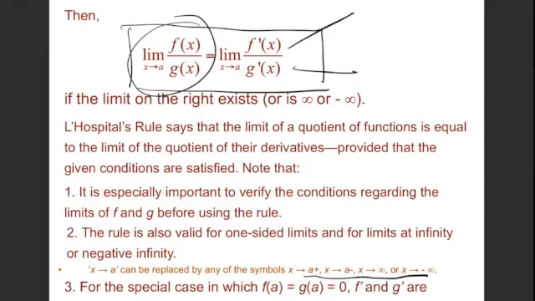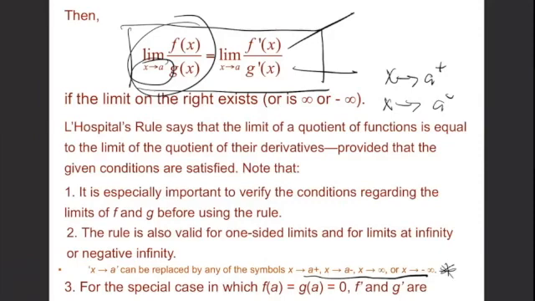You can use this even if it's just x approaches a. It also works for x approaches a from the positive side, x approaches a from the negative side. This is what it means.